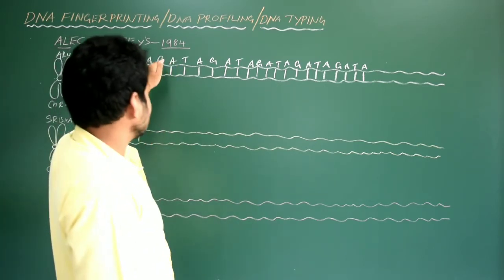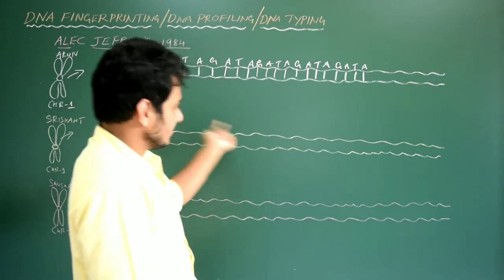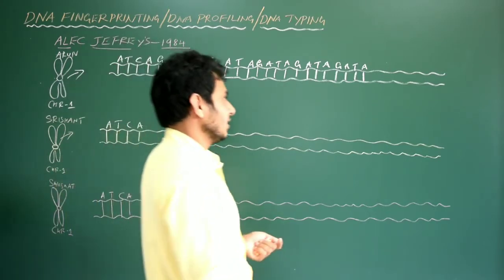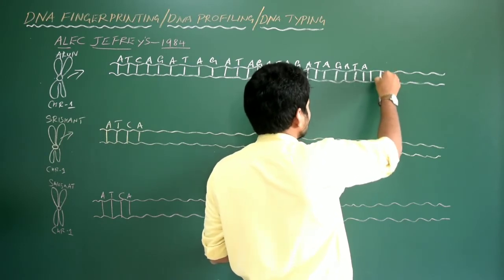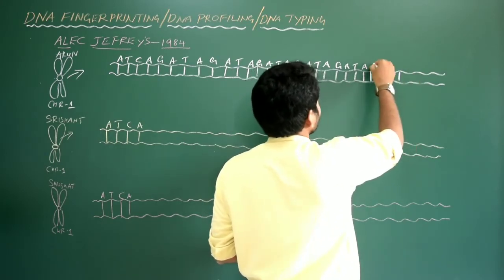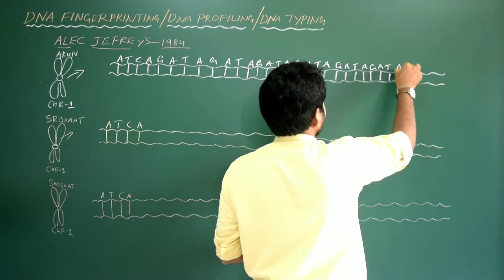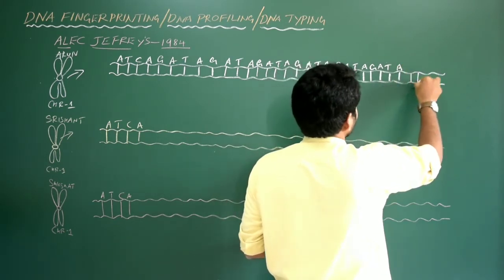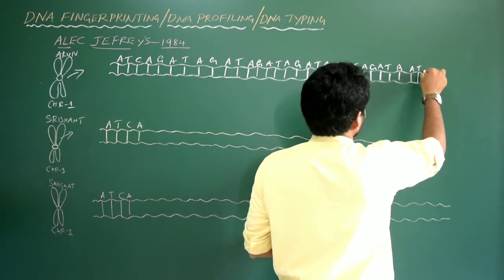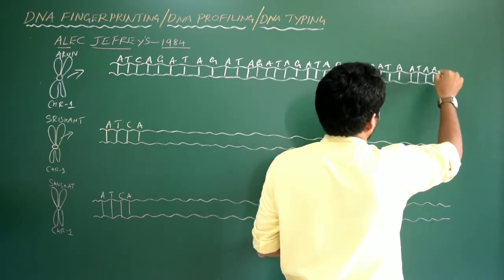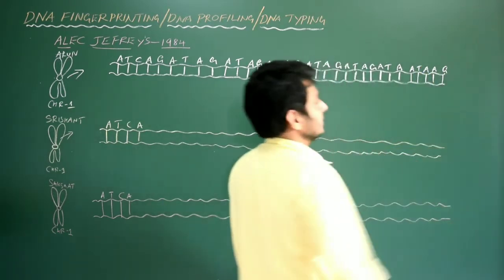Let us see what the sequence is going to be in Srishant's or Sakshat's DNA of chromosome number 1. Here I'm going to write the same GATA, and here let me write ATA, and one more G.